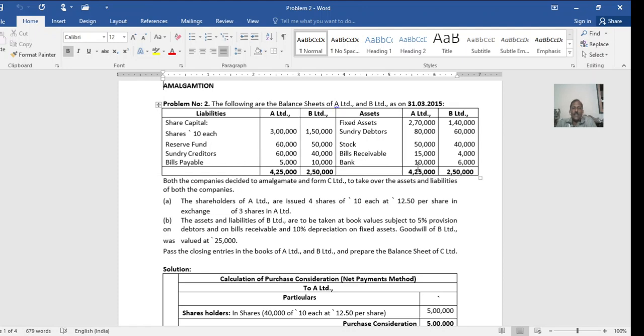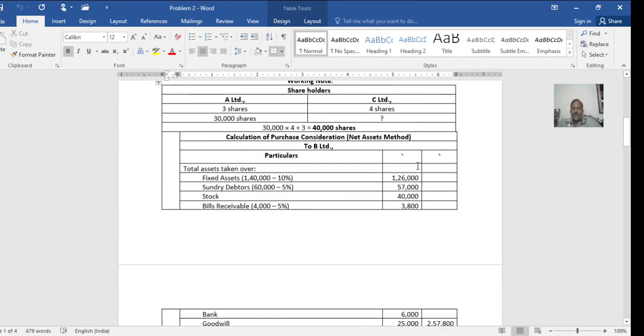So A Limited assets at 4,25,000 minus liabilities 65,000, plus 5 lakh for PC paper, total 5,65,000 minus 4,25,000 total assets. Third entry you need to pass in case of A Limited.